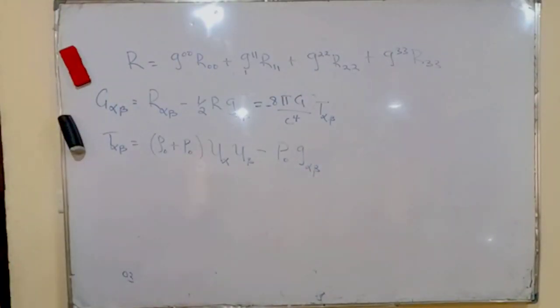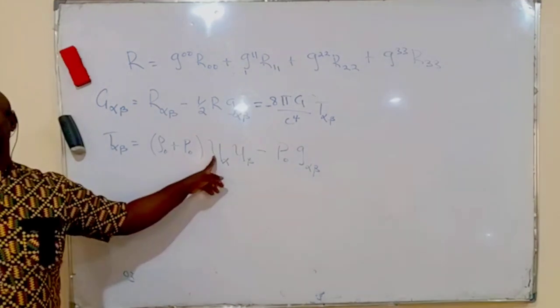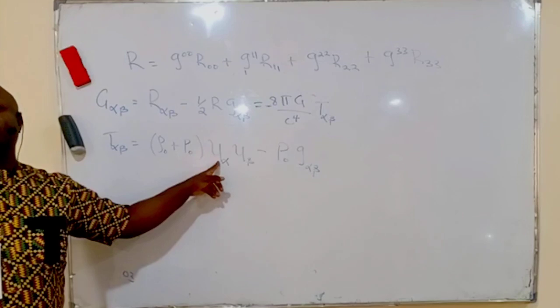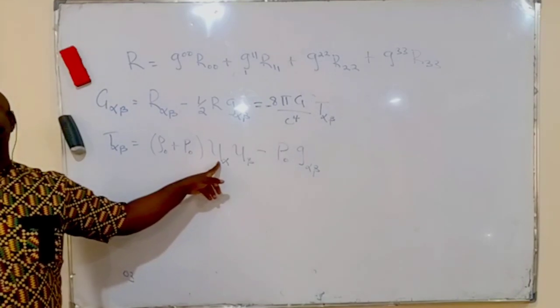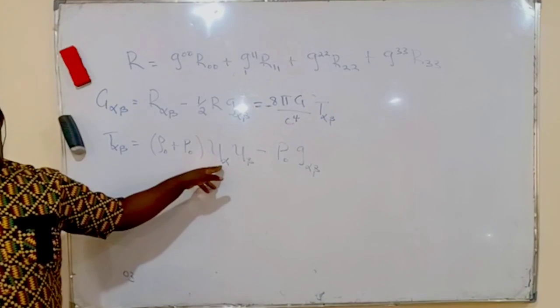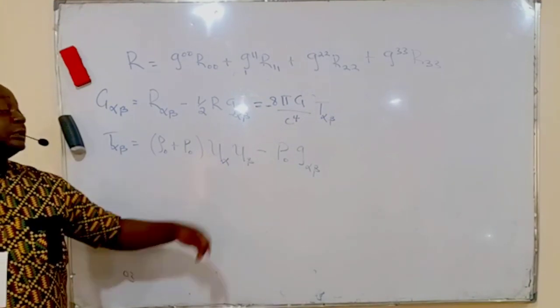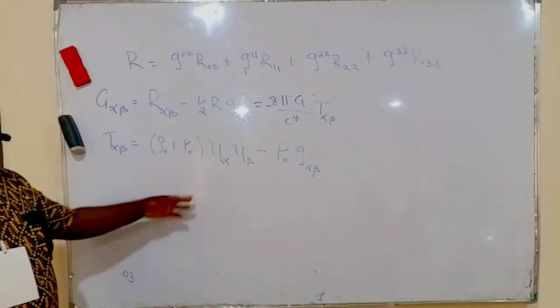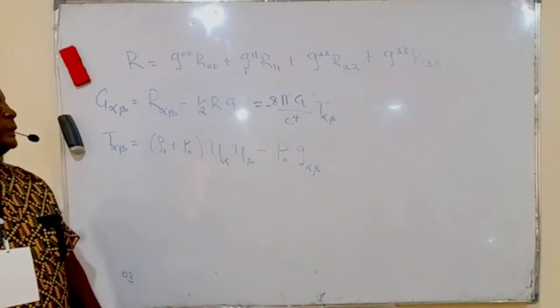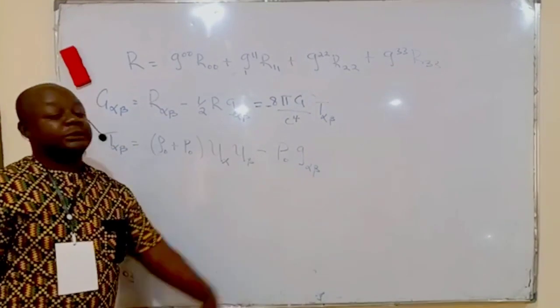Remember, this is the 4 velocity, the 4 velocity vector. So you have 0, 0, and then 0, 0 here.